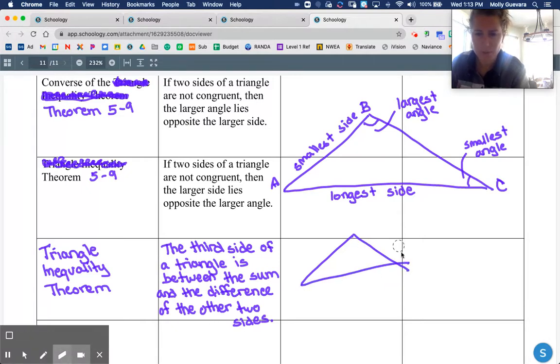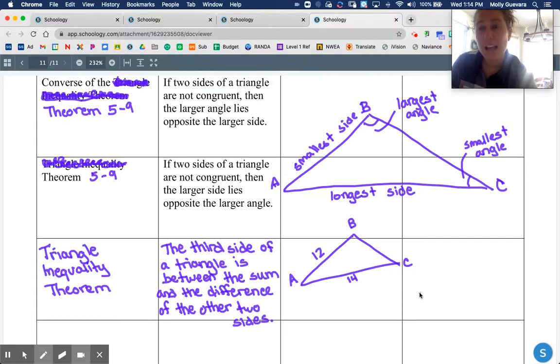Not a very good one, but it doesn't really matter. Okay, let's say this is A, and this is B, and this is C, and let's say that side AB is 12. And then let's say that side AC is 14.